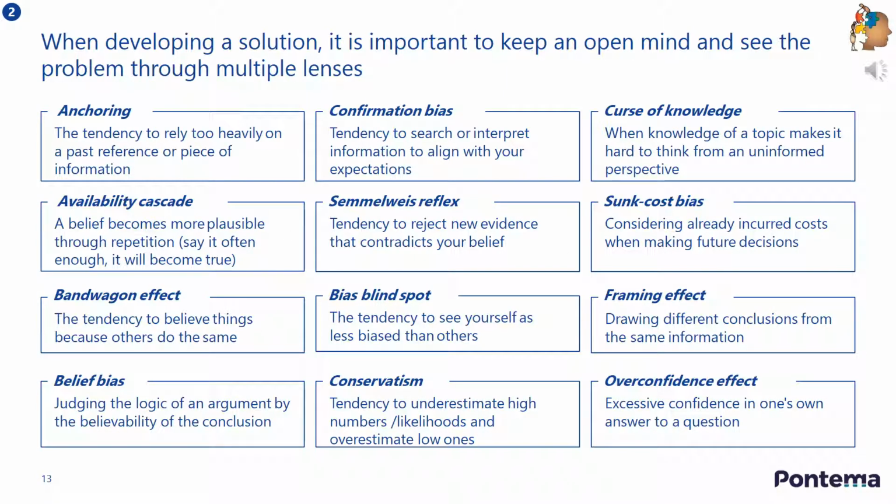Steer clear of common biases and errors as you develop your answer. The slide shows some examples of these biases. Being aware of them is the first step to preventing them from appearing in your work. Can you think of any biases you may encounter as you drive to insight?